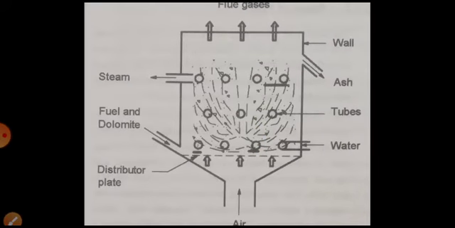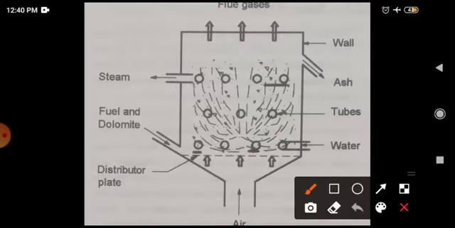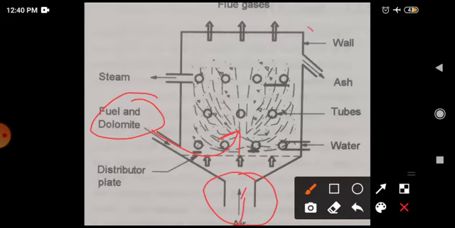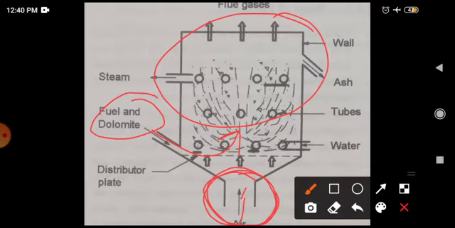Let's see over here. Fluidized bed, fuel and dolomite are supplied from the bottom. You can see air is fed. This whole is the boiler. You have the air blowing arrangement at the base of the boiler. Then distributor plates are given over here.